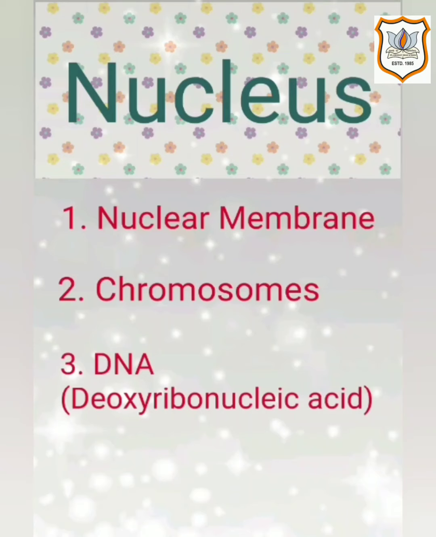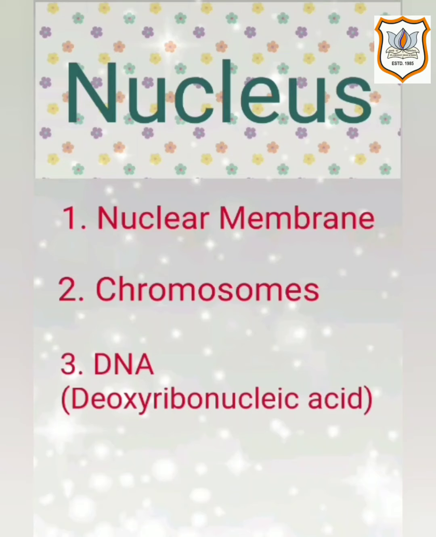DNA molecules contain important information necessary for constructing and organizing a particular cell. Now this DNA is further divided into functional segments known as genes. In a cell which is not dividing, this DNA is present in the form of chromatin material, which is a thread-like structure.